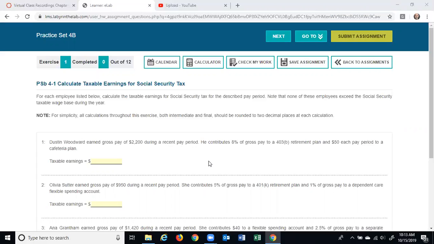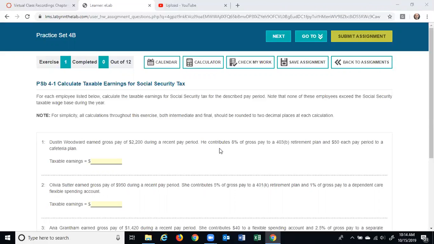Anytime you're doing a problem like this, know what it is you're trying to calculate. So this is just the taxable earnings. The question is, do we deduct the 8% 403B retirement plan and $50 each pay period to a cafeteria plan? The first thing you do is go into your book and open up that table. That is so useful.